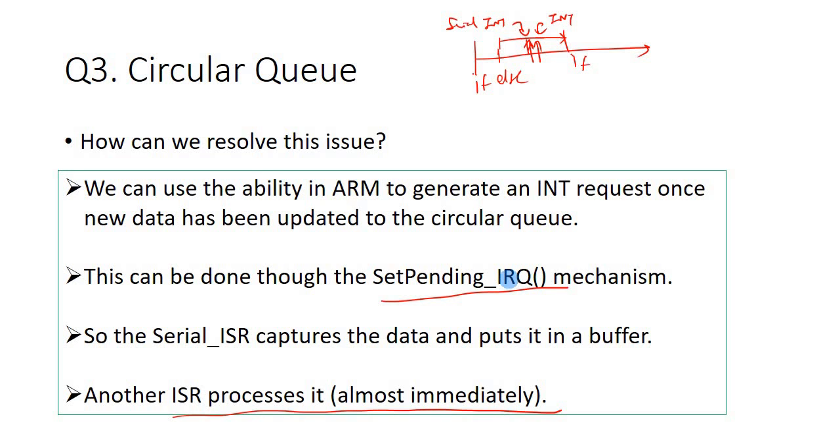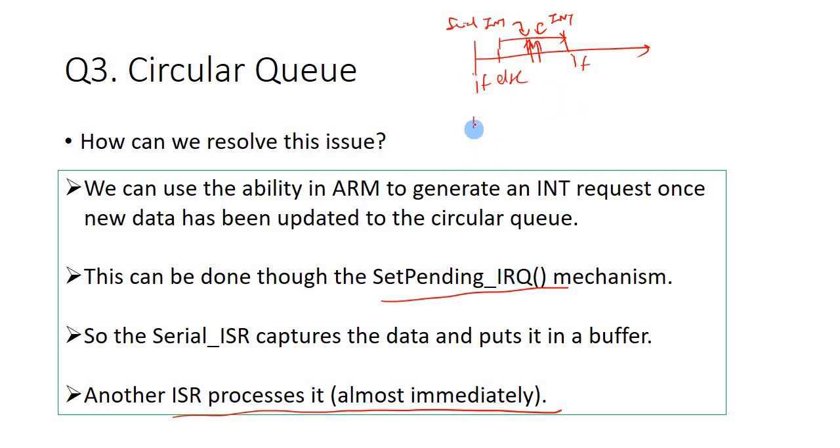Of course, there are maybe other options you can think about, and as we go towards multi-threaded design, you can also say that I can trigger a thread to handle the data. That is something we will explore as a more efficient solution.